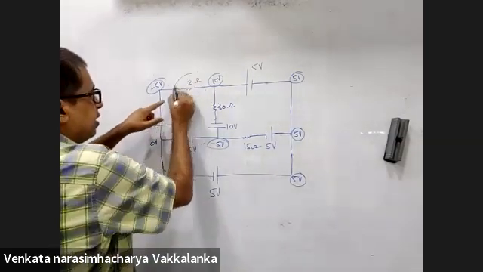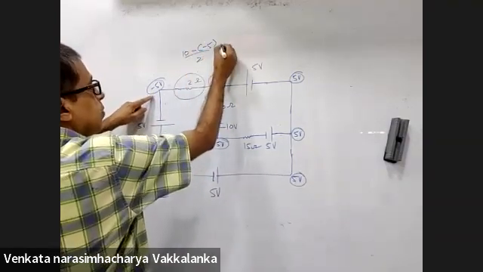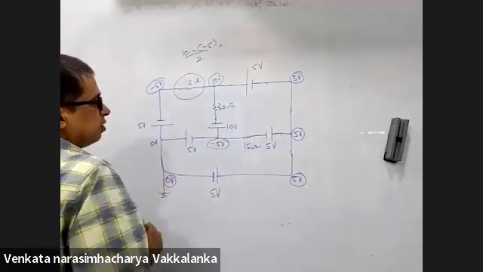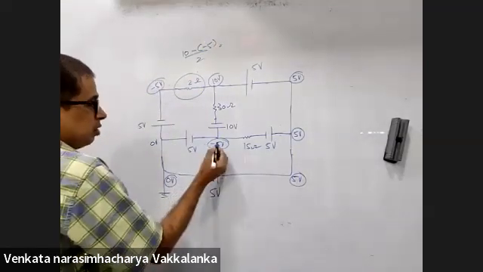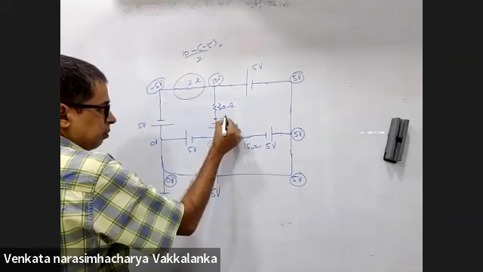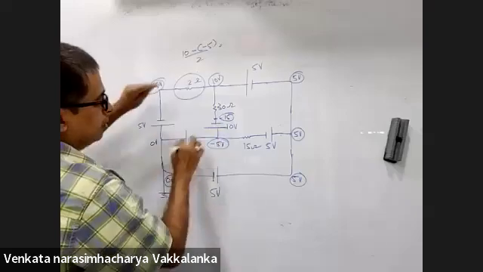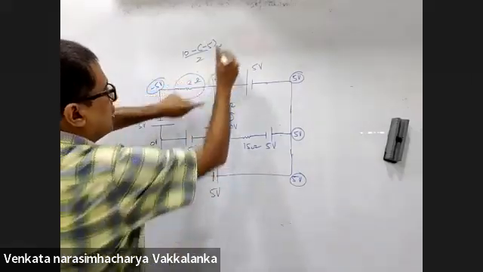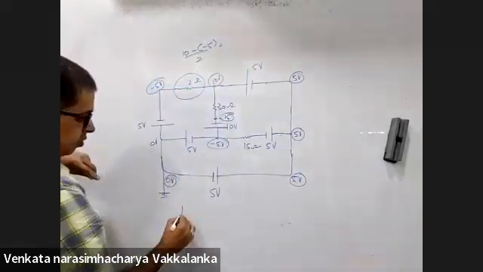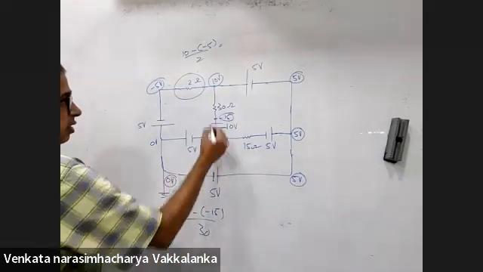Directly the current comes: 10 minus of minus 5 by 2 is the current in this branch. Now this is minus 5. How much will this be? Minus 5? No, 10. The current in this branch will be 10 minus of minus 15 by 30.